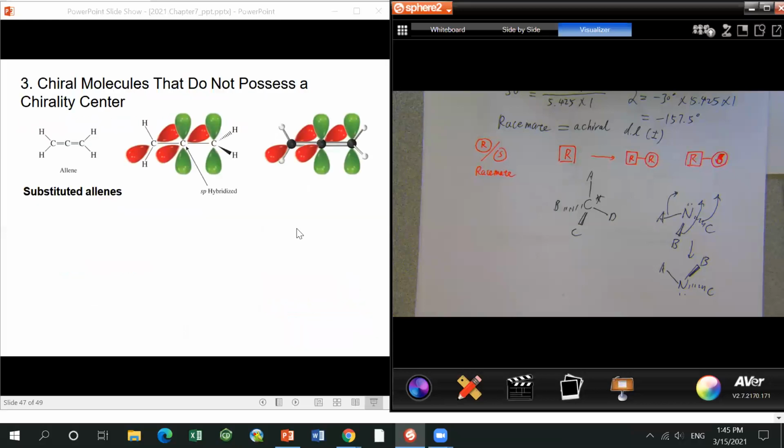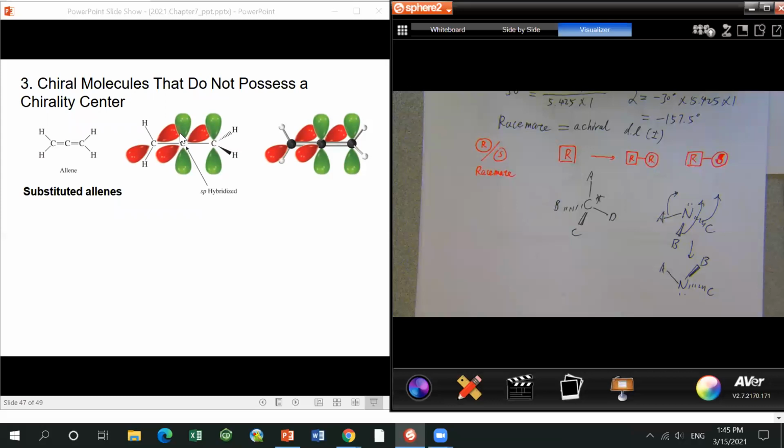Okay, there's another situation. There's no chiral center, no carbon, silicon, or phosphorus chiral centers, yet the whole molecule can also be chiral. For example, this is allene.